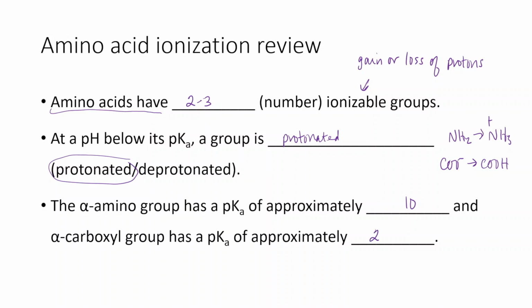So you should know these in general. Know that alpha aminos are about 10, sometimes 9, sometimes 10. Carboxyls are pretty close to 2. You don't need to memorize for any specific amino acids what those specific numbers are, but just know these kind of ballpark numbers. Any questions about amino acid ionization?